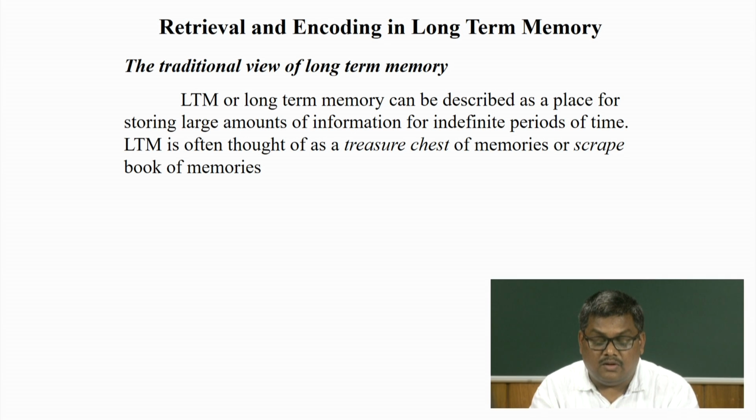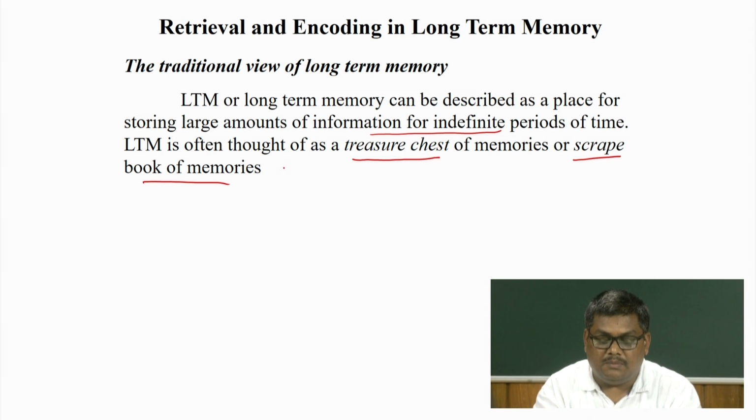Long term memory is described as a place for storage of a large amount of information, and from philosophical viewpoints it has been described as a scrapbook of memories or a treasure chest. It has been thought of as a place like a box or a chest which can store a large amount of information. That is the conceptualization of long term memory, and these are all philosophical conceptualizations.